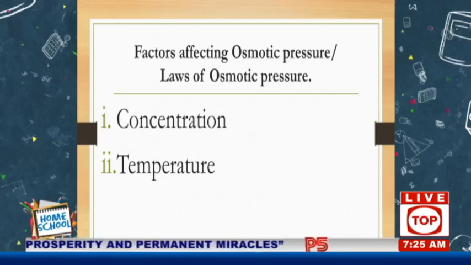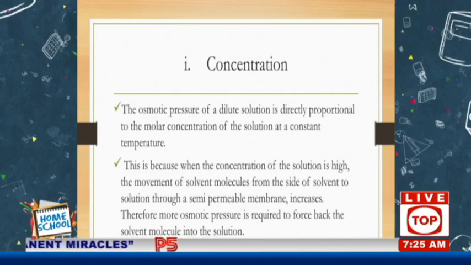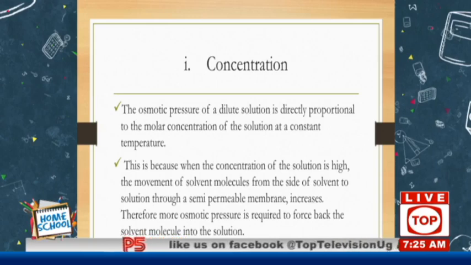Okay? Then we ask, why is it directly proportional to the molar concentration of the solution at a constant temperature? We realize that it is because the concentration of the solution will be high. When the concentration of the solution is high, the movement of solvent molecules from the side of the solvent to the solution through the semi-permeable membrane will increase.